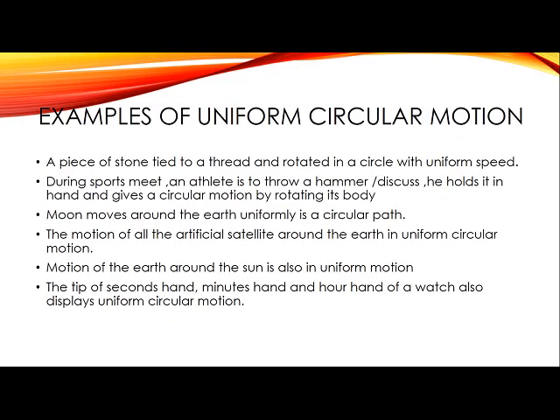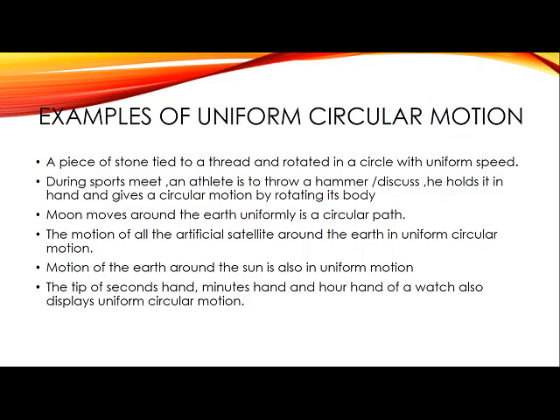Before the athlete throws the hammer or the discus, he takes that particular thing in his hand and gives a circular motion to the hammer or the disc by rotating his own body so that it travels a very good distance.